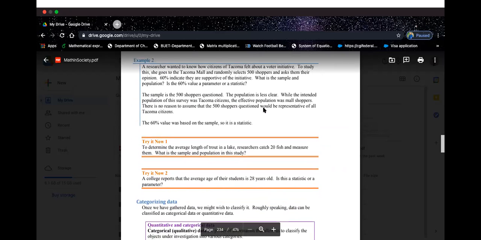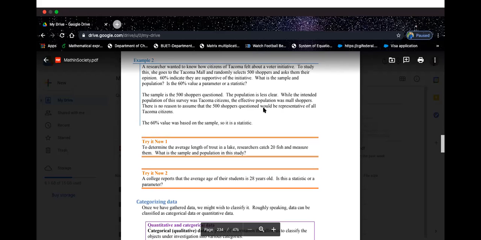So we have a lake, and in that lake, we have obviously tons of trout fishes. We don't know how many of those. Obviously, we can't really determine that. But from that lake, we can pick up, let's say, 20 trouts, okay? And we want to collect data from that.